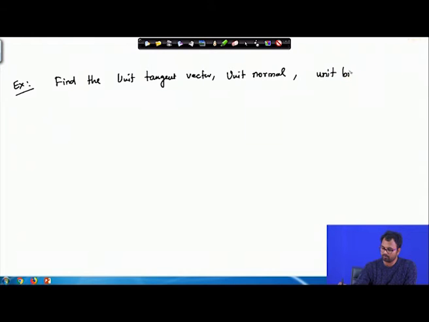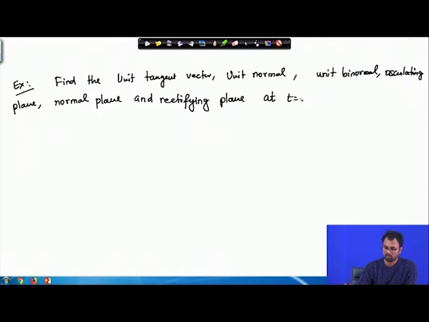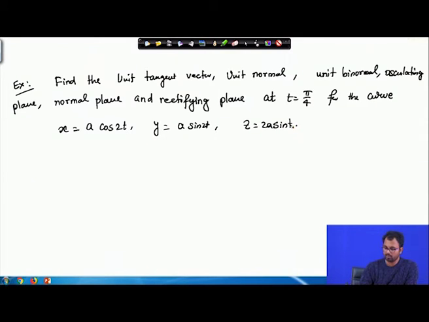So unit binormal, osculating plane, normal plane, and rectifying plane at t equals pi by 4 for the curve x equals a cos 2t, y equals a sin 2t, and z equals 2a sin t. All right.